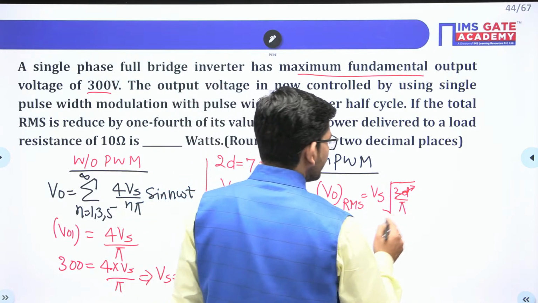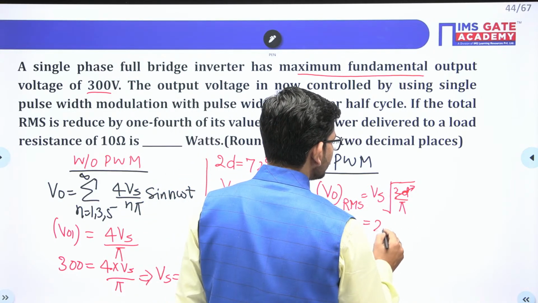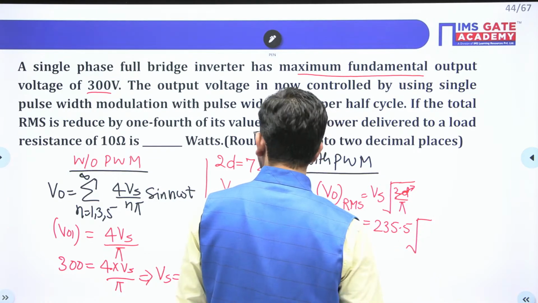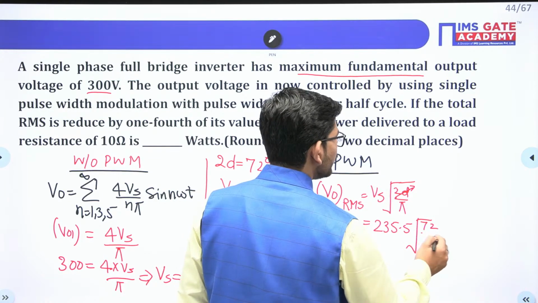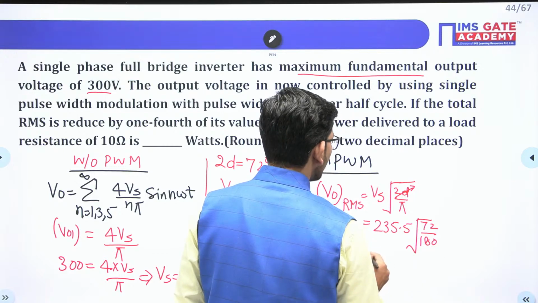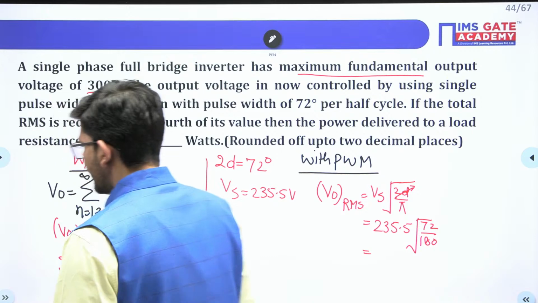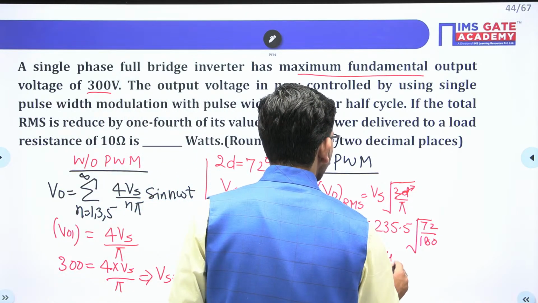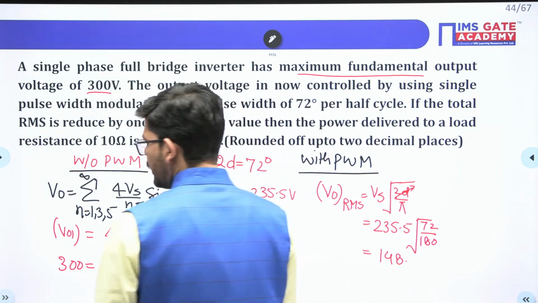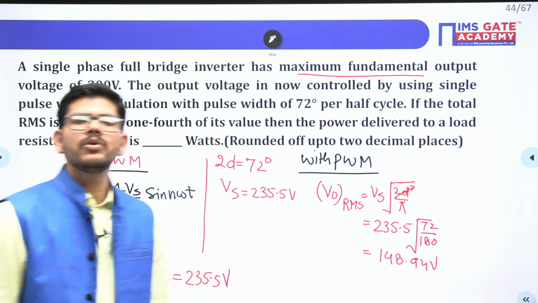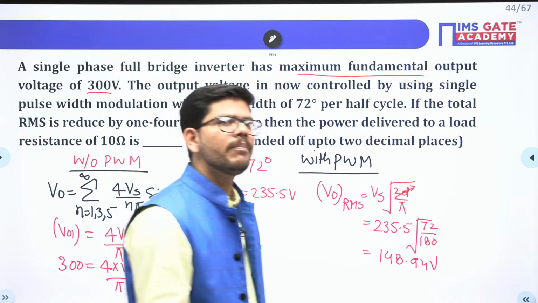So now you have everything to calculate this. Vs is 235.5, and 2D is the pulse width, 72 divided by 180. So from here you can get the total RMS voltage after employing the pulse width modulation, and that will be 148.94 volts.